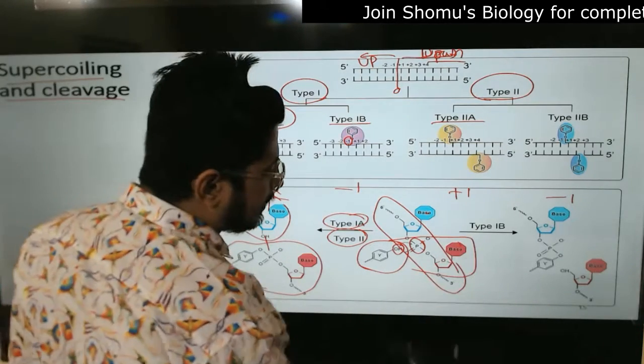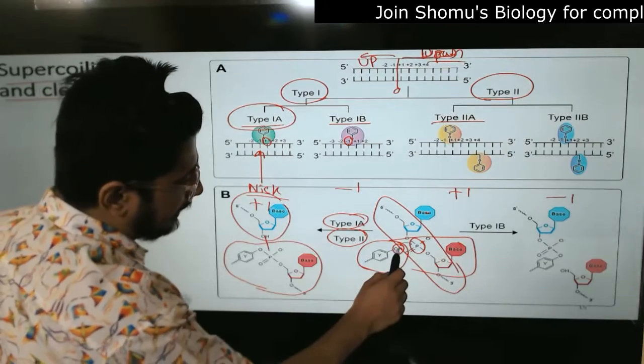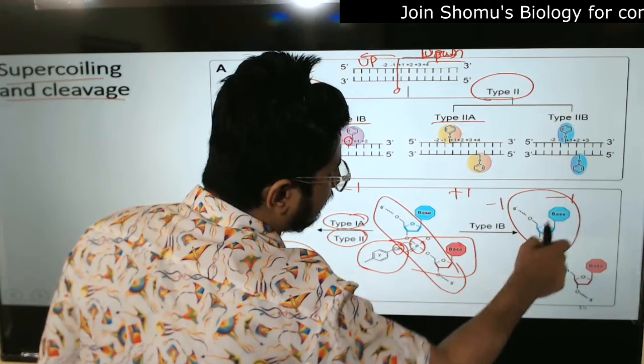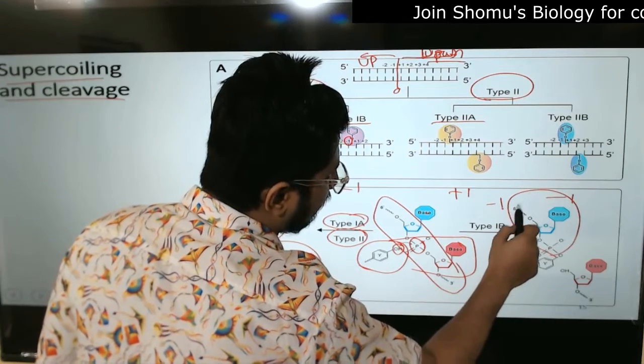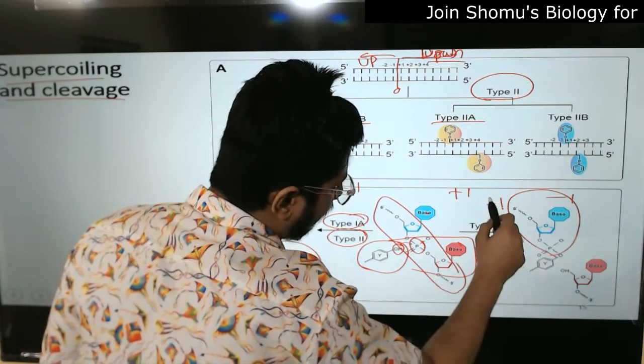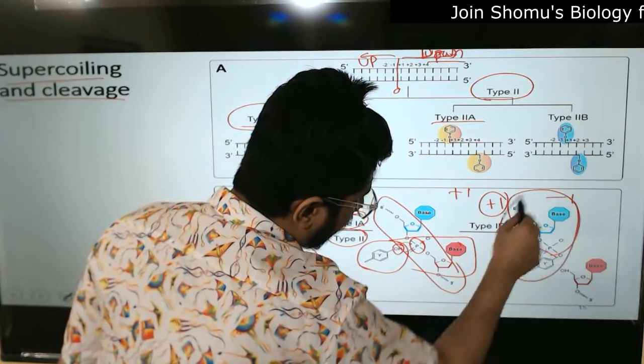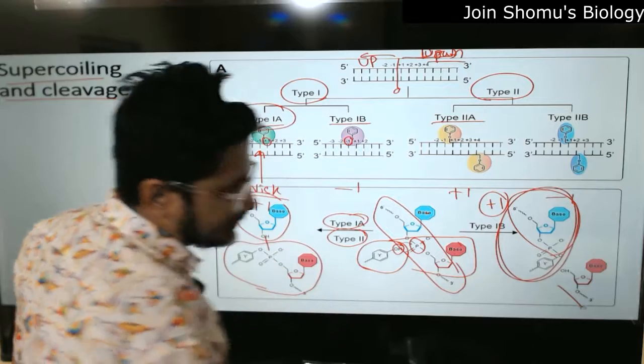But type 1B cuts a little differently. It cuts in a way that the base, you can see at this moment, type 1B here, either -1 or +1 depending upon your positioning of the base, is connected to the topoisomerase and the rest is free.